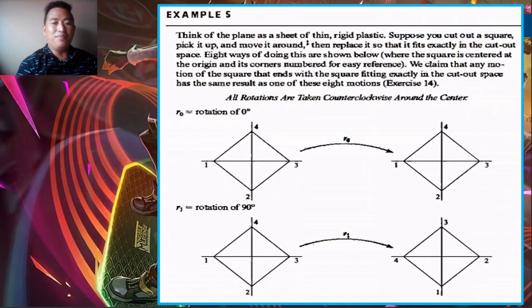Okay, example number 5. This is another example. Think of a plane as a sheet of thin, rigid plastic. Suppose you cut out a square, pick it up and move it around, then replace it so that it fits exactly in the cut out space.